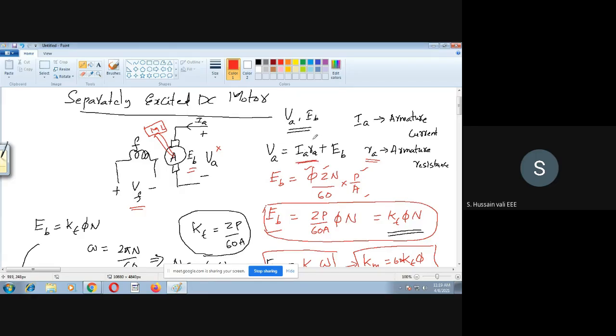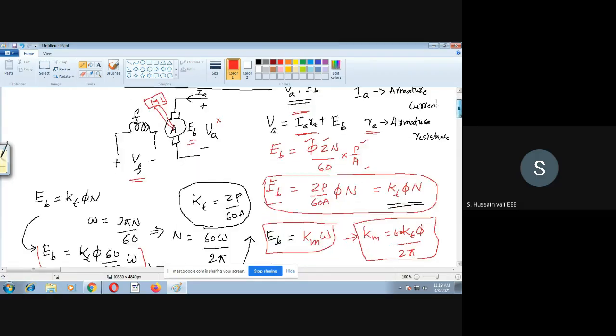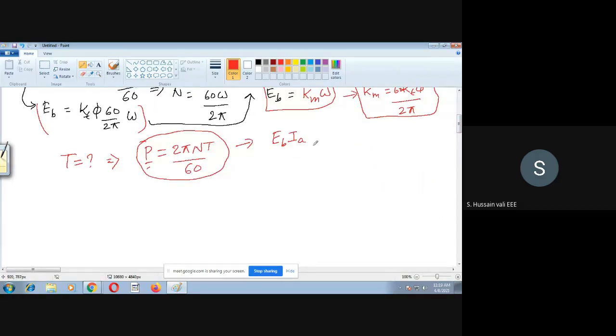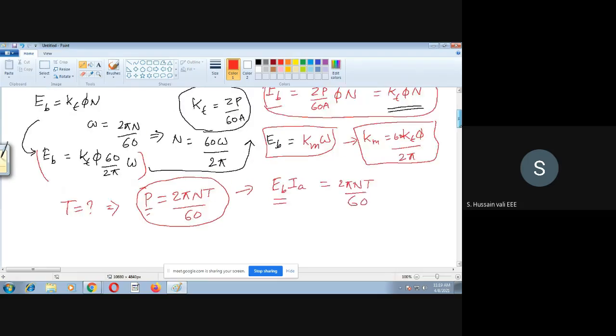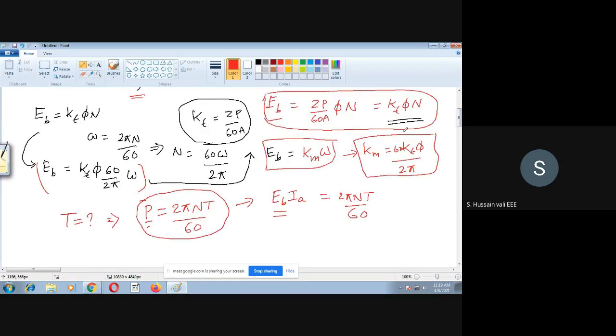So the voltage you will take is EB. So power is equal to EB into IA, where IA is the current flowing. That is equal to 2 pi NT by 60. We can write this further. Already we have represented EB in one particular form. You recall that? So this is one form.